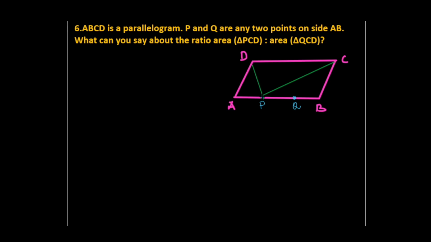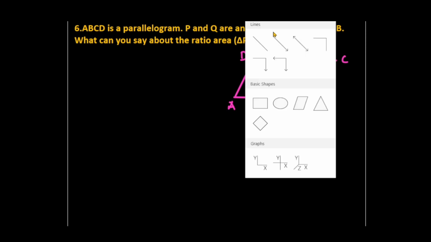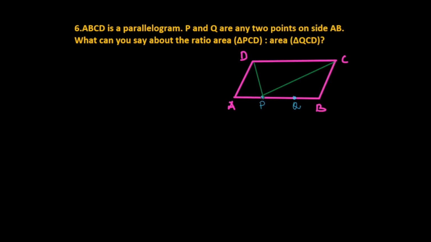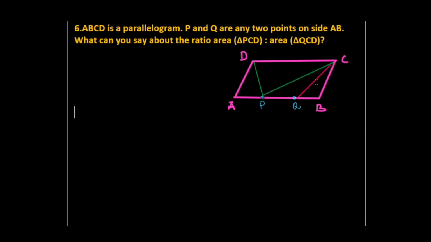We joined PCD. So this is one required triangle, and another required triangle is QCD, from Q to C and D. So these are the two triangles. After joining, they are asking the ratio of these.